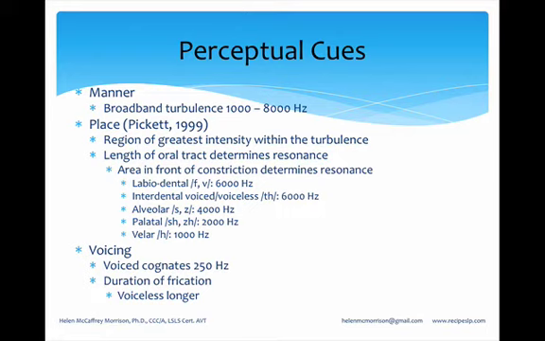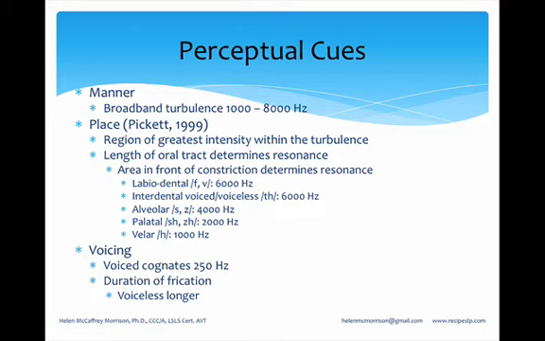When I move back to the alveolar point of constriction for the S and the Z, I have from the alveolar ridge to the front of the mouth a little bit longer area of resonance. The resonant frequency is 4,000 hertz. So we see more energy around 4,000 hertz.